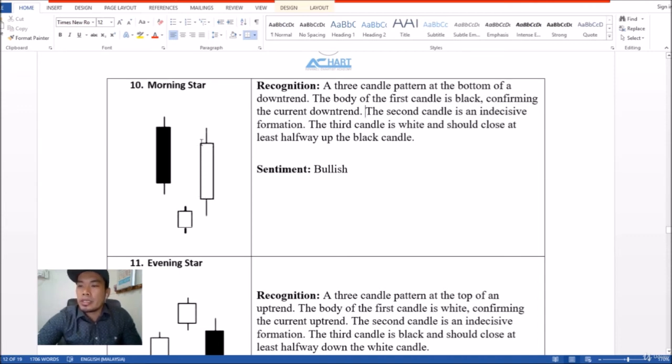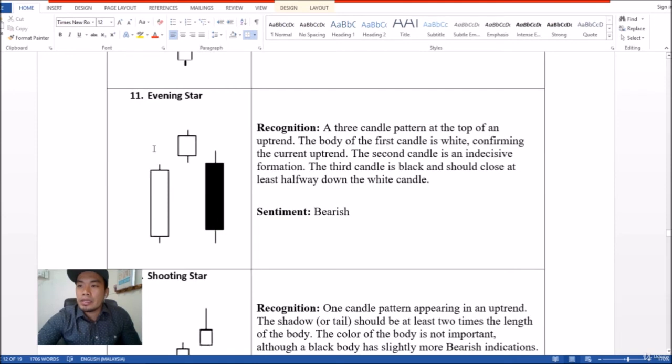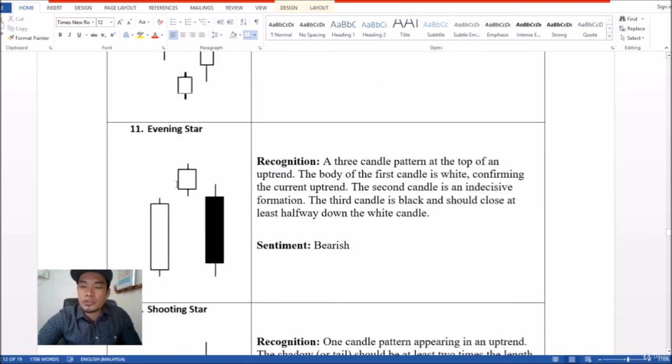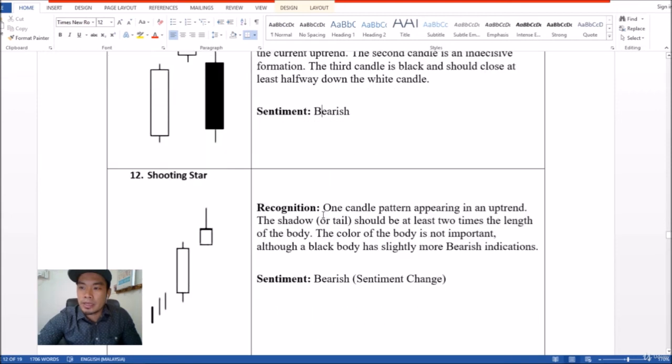So you can see this candle covers at least 50% of the first candle, and we can conclude that the morning star candlestick pattern has appeared. And the evening star is vice versa of the morning star. It usually occurs at the top of a trend and indicates a bearish sentiment in the market.